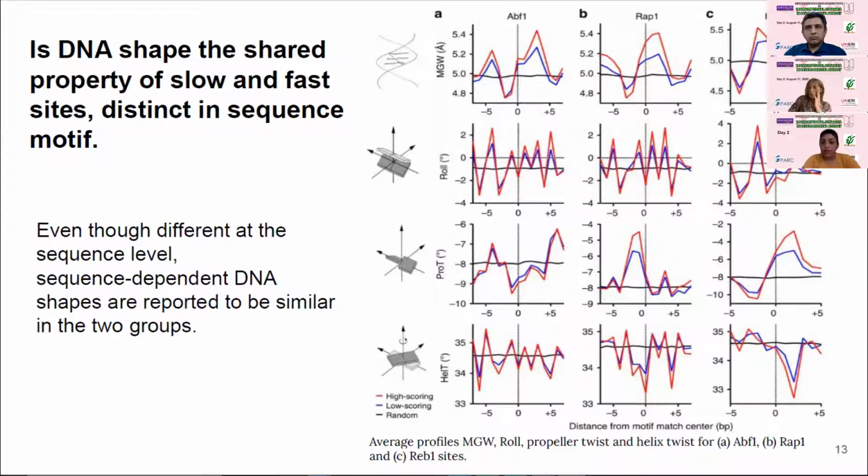The DNA shape profiles of those sequences were studied, and it was found that the fast and slow sites have similar DNA shape profiles, and these were also compared with random sequences. Hence it was hypothesized that maybe shape plays a role when a transcription factor binds to its binding site, more than sequence does.